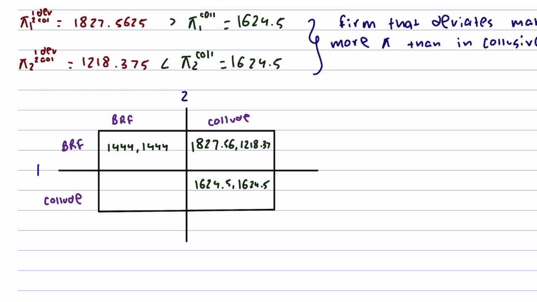We just calculated this. And if we flip it, what if firm 2 plays their BRF and firm 1 decides to collude? We're just going to swap these two numbers around, right? Because firm 1, which is our first number, is going to make $1,218.37, and firm 2 is going to make $1,827.56, right? So we just completed our game matrix.